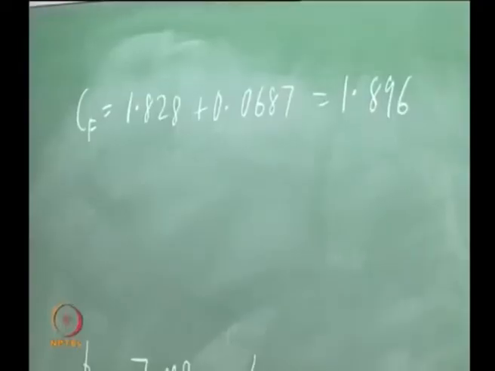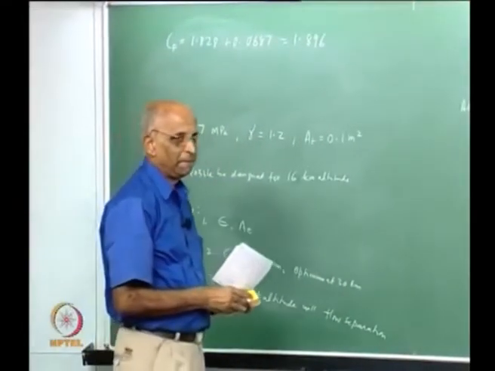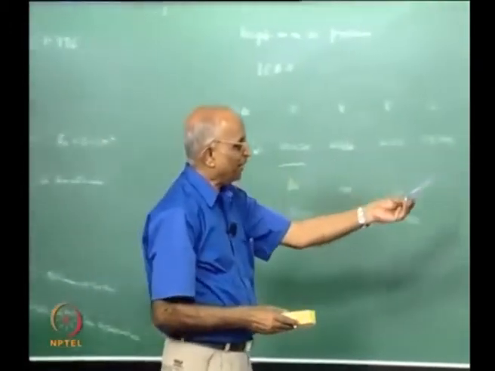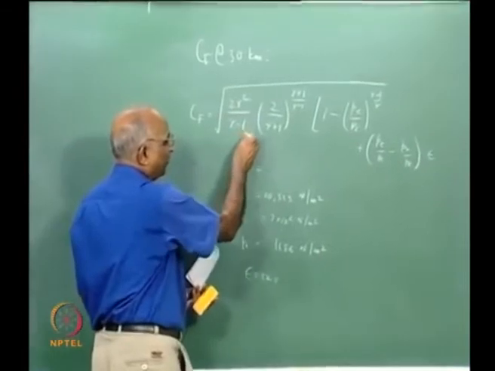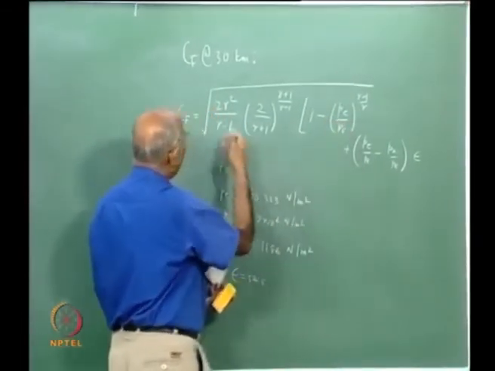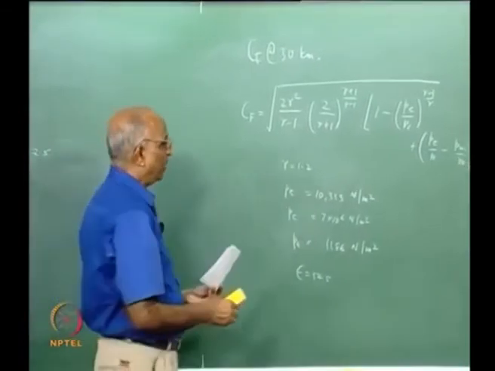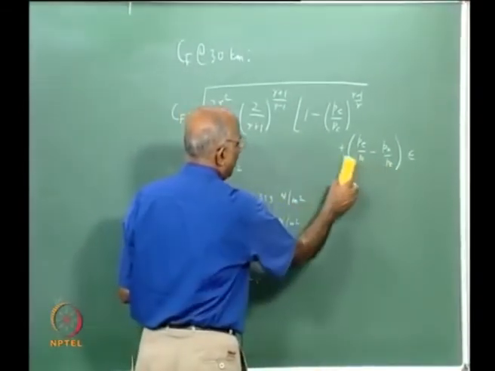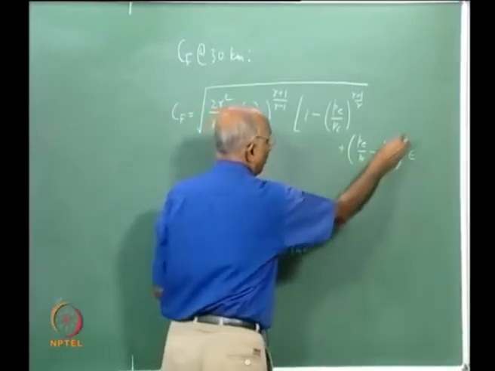Now what is the optimum value at 30 kilometers? Let me go back. In this expression itself you can tell me gamma is still the same. What will be the optimum value at 30 kilometer altitude? Well, Pe is equal to Pa, therefore optimum, therefore this term will get knocked out.